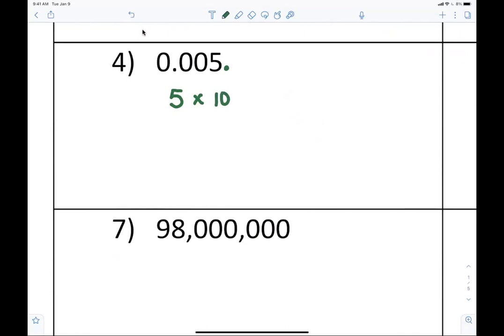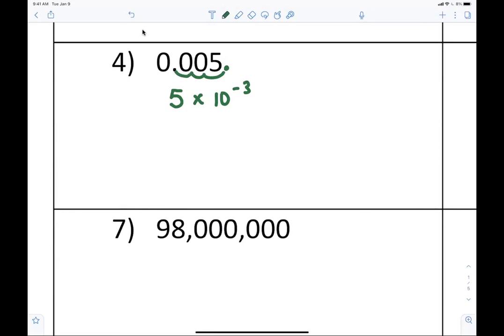Now the decimal moved 1, 2, 3, but it's not 3 because that would make it a big number. This is called a small number. So that's how I remember that it would be a negative exponent. Decimals are negative exponents. I remember that because I just said, okay, they're small numbers, negative exponents. Big numbers, positive exponents.